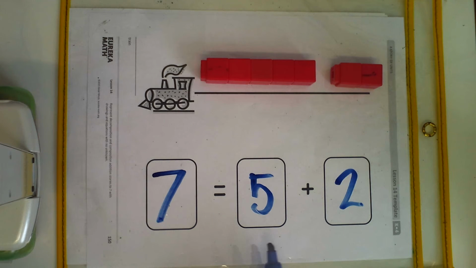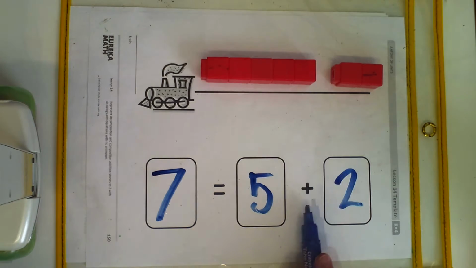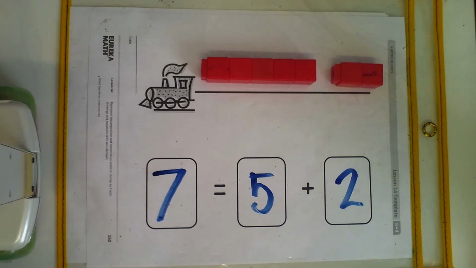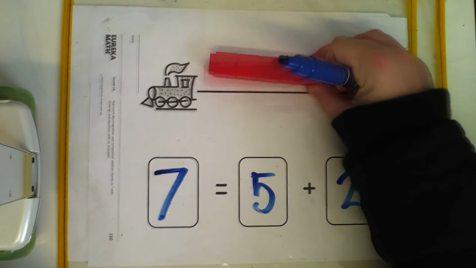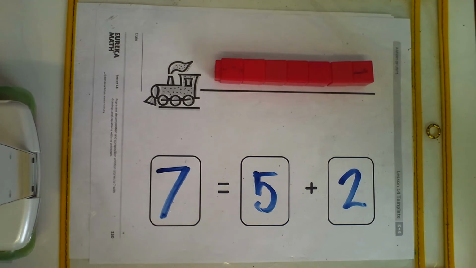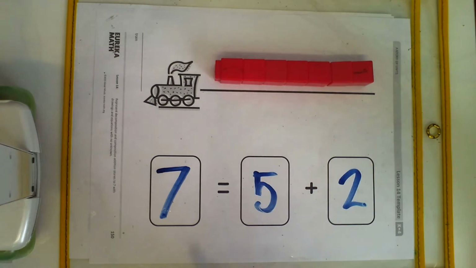When we write this number sentence, it tells us together we have 7 train cars, and we broke it into 5 and 2. We can say 5 and 2 equals how much altogether? 7. Very good. The 5 tells us that we had 5 train cars, and then we had 2 train cars, and together we have 7.